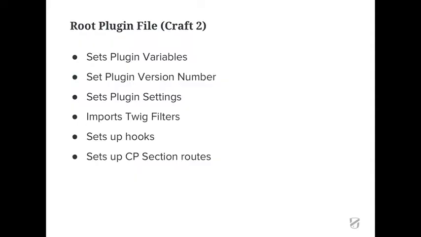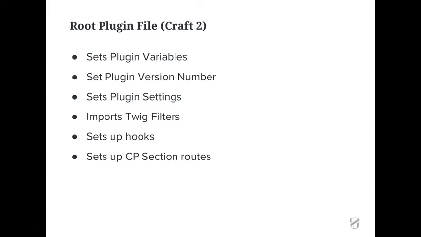The last thing I'll cover that wasn't originally on my list is your plugin root file. This stores a lot of little stuff. So in Craft 2, your root plugin file, which is just the base starting class for your plugin, sets plugin variables like the name of your plugin, who wrote the plugin, and what your URL is, so they can contact you when you have issues with the plugin. It also stores the plugin version number.